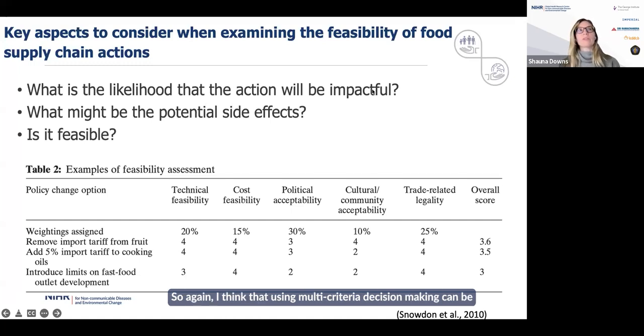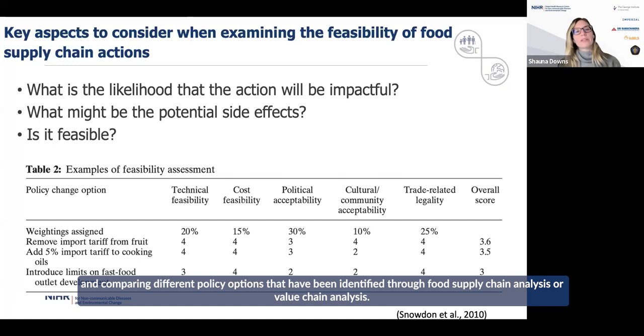So again, I think that using multi-criteria decision-making can be a really helpful tool in assessing and comparing different policy options that have been identified through food supply chain analysis or value chain analysis.